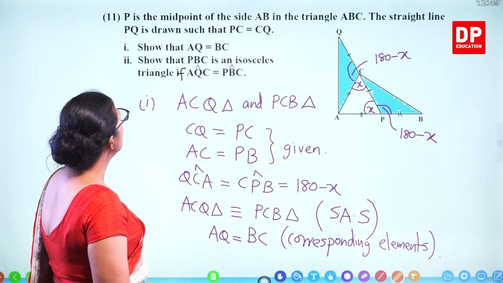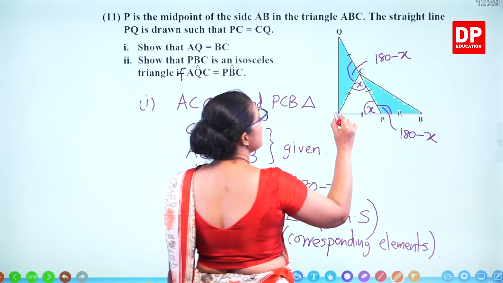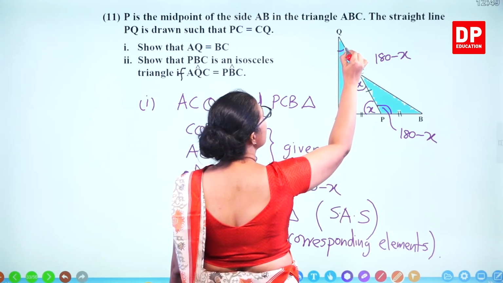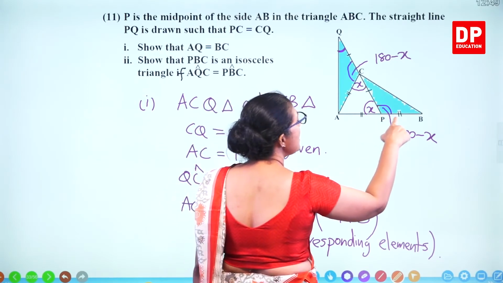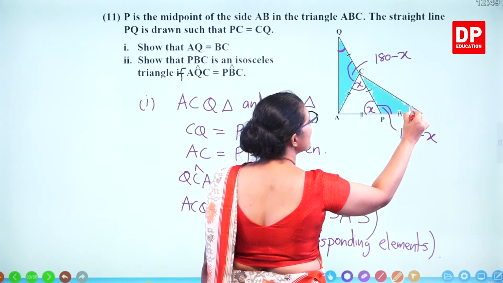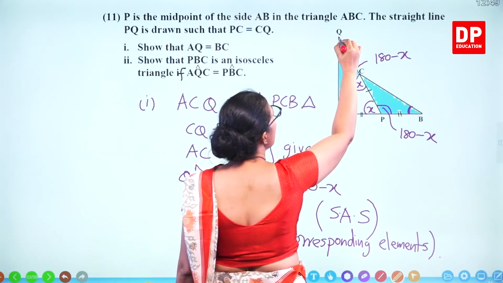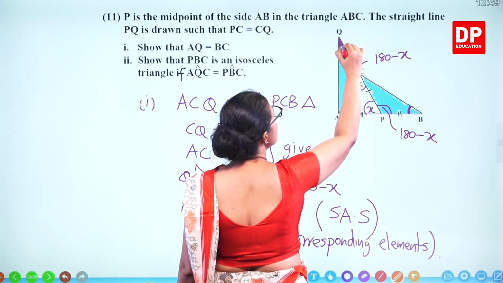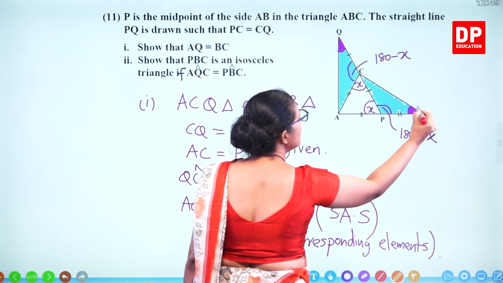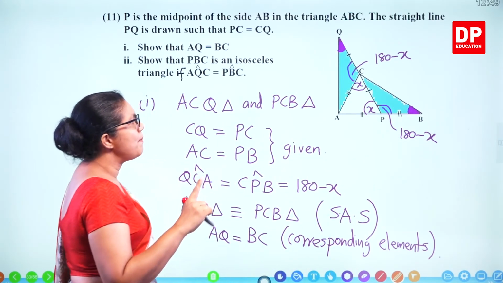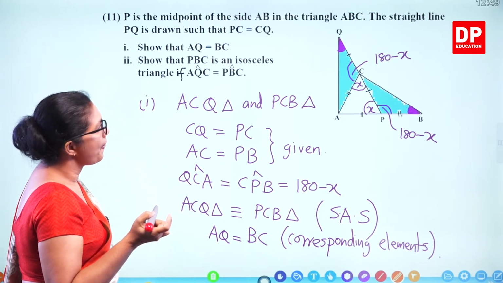So what are the 2 angles that are equal? Angle AQC, this angle, and angle PBC, this angle. That's given. So I'll highlight that, otherwise you can't see it properly. If these 2 angles are equal, you have to show that PBC is an isosceles triangle.